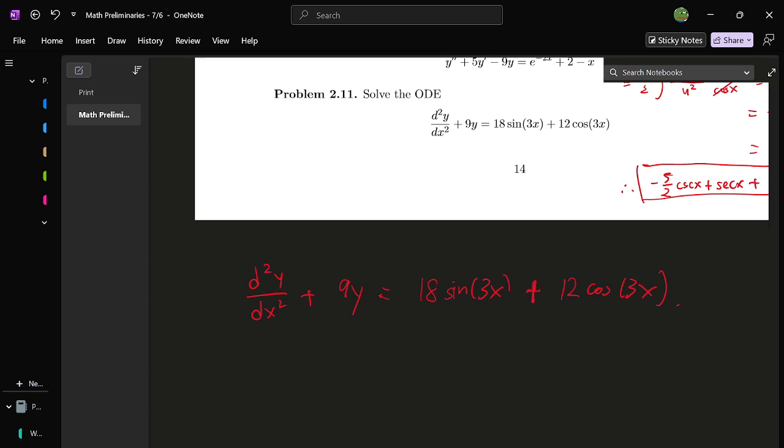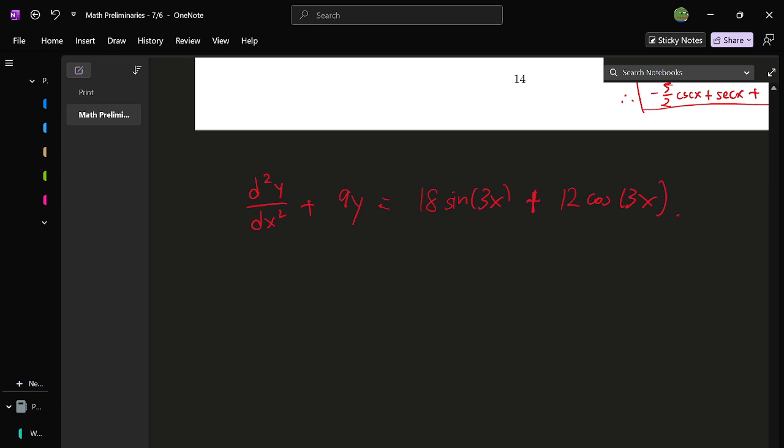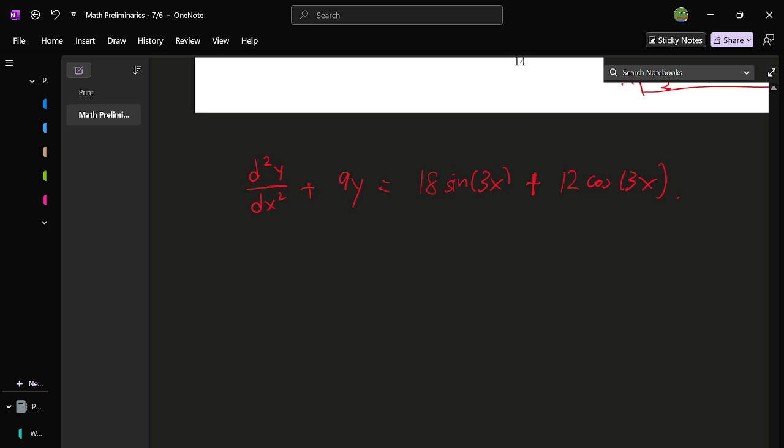Okay. So with this, as always, to start an ODE problem, first consider your homogeneous equation. So you have this by setting your right hand side equals to 0.